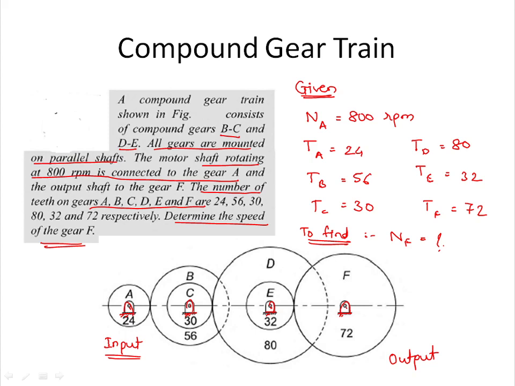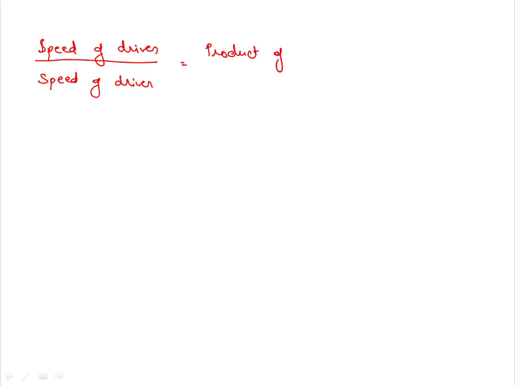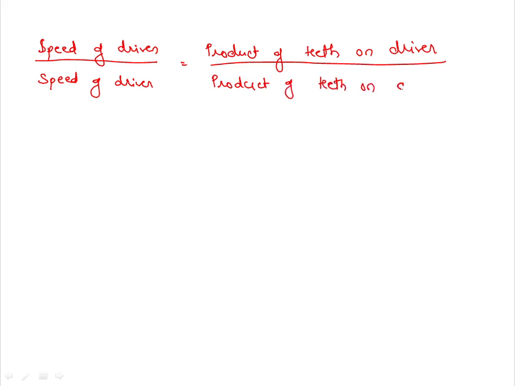Now we know the formula for compound gear train, that is the velocity ratio formula: speed of driven upon speed of driver is equal to product of teeth on driver divided by product of teeth on driven.